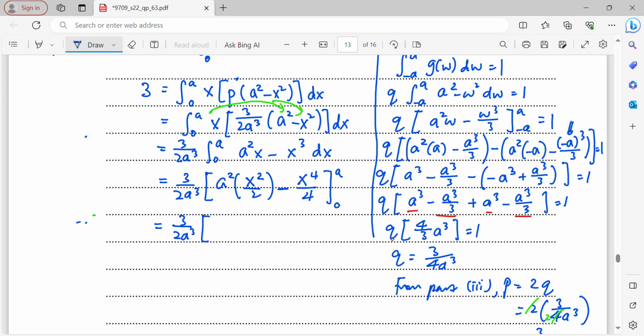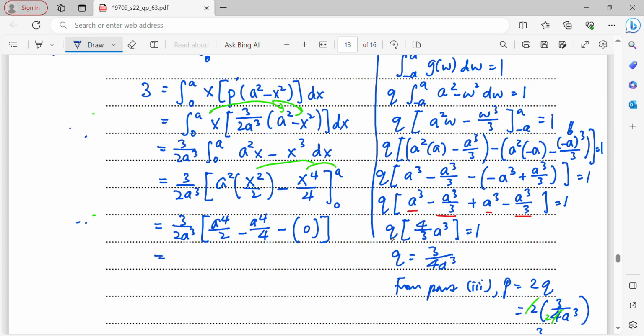Then now you replace the x by a. So I will get a squared times a squared over 2, right? Therefore you get a to the power 4 over 2. Minus, replace the x by a, you will get a to the power 4 over 4. Then minus, when the x is 0, it will be 0 for all the terms.